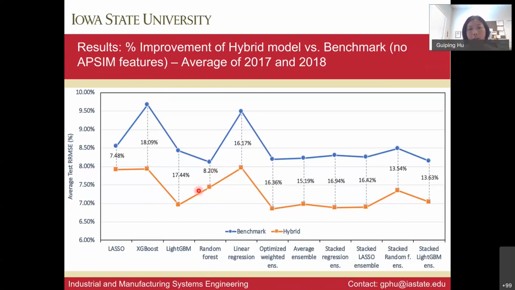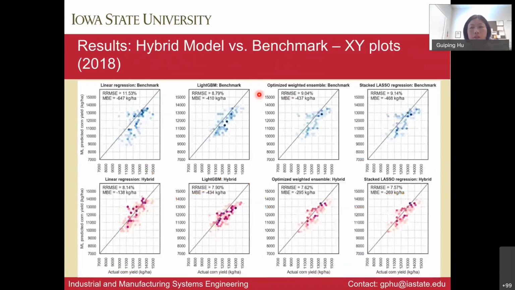And this is the average of the testing years 2017 and 2018. So that's actually quite substantial. And this is some additional plot. Here the top row are the benchmarks in terms of the standalone machine learning models, and the bottom is the hybrid.